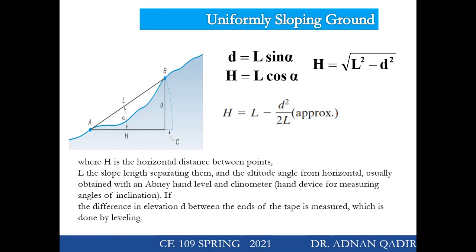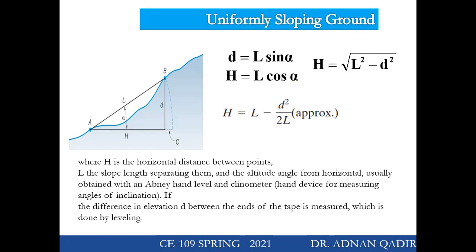To be very precise, by using the Pythagoras theorem, H is L minus D squared upon 2L, where H is the horizontal distance between 2 points, L is the slope length separating them, and alpha is the altitude angle from horizontal, usually obtained with an Abney level and clinometer.